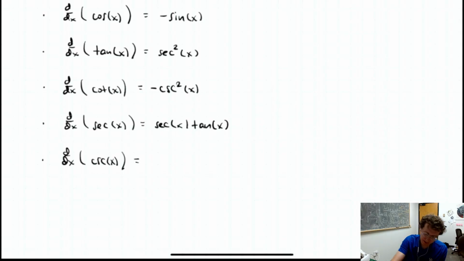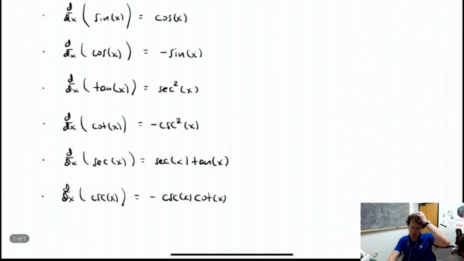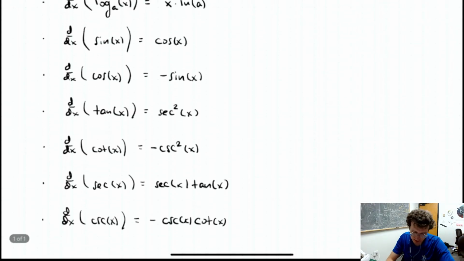Okay, so if I follow my rule, where I go from secant to cosecant, I'm going to change that secant to a cosecant, I'm going to change the tangent to a cotangent, and then throw in a minus sign. So these are the derivatives of all 6 trig functions.